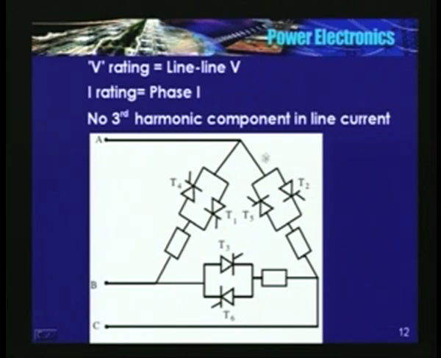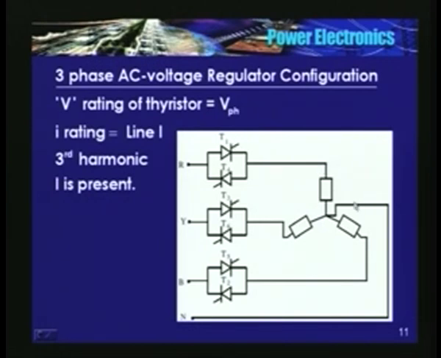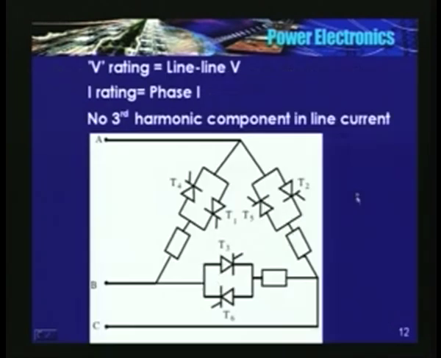But then you will not have third harmonic current in the line. In the previous case, because there is a neutral, you will have third harmonic currents in the line. But in a 3-phase 3-wire system, there are no triplet harmonics. Okay. So this is another configuration.